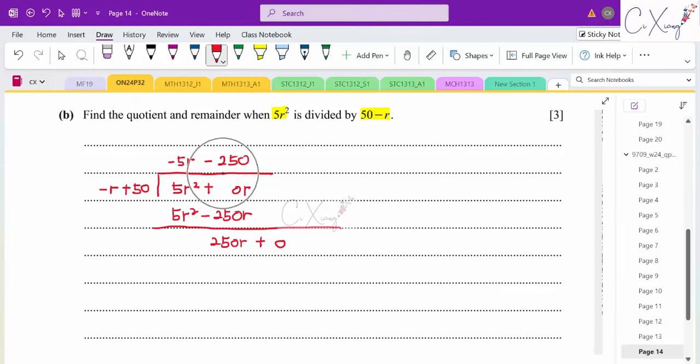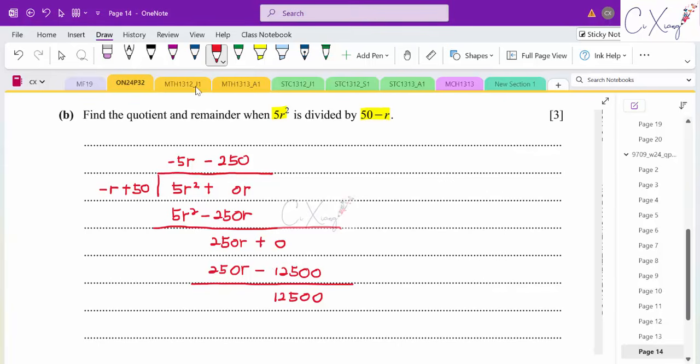So we get negative 250 multiply with negative r, then I have 250r. Then negative 250 multiply with positive 50, I'm having negative 12,500. Then after that, minus again, 250r minus 250r, you get a 0. Then 0 minus negative 12,500, so you're having 12,500.